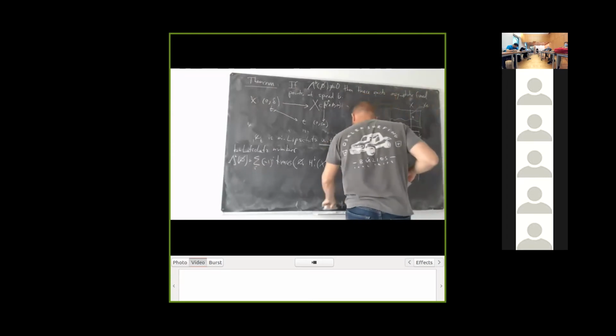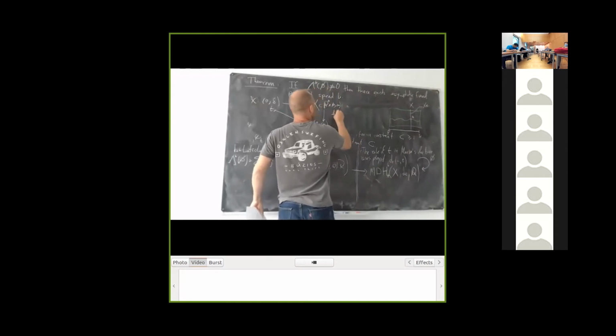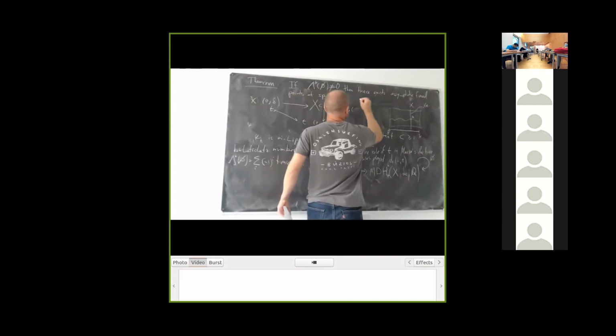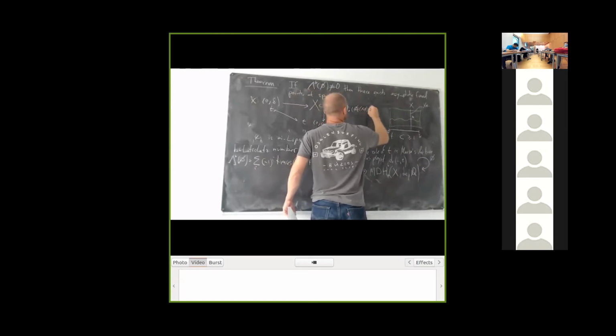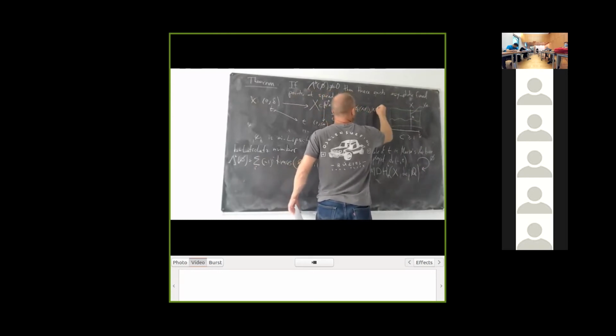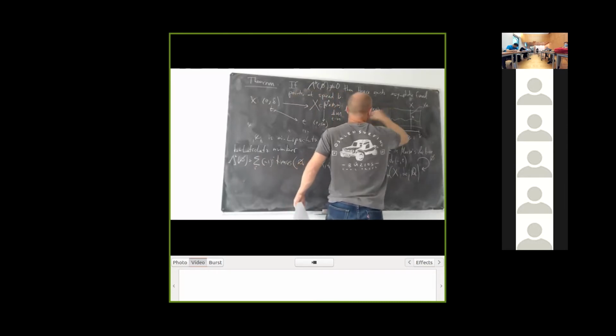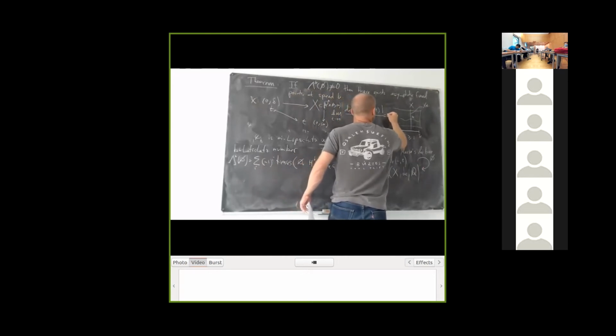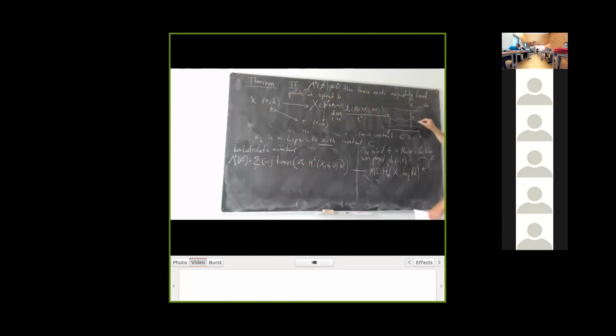So let me write it here a little bit smaller, so you can ensure that phi of x_t will be closer and closer to x_t at a speed b.